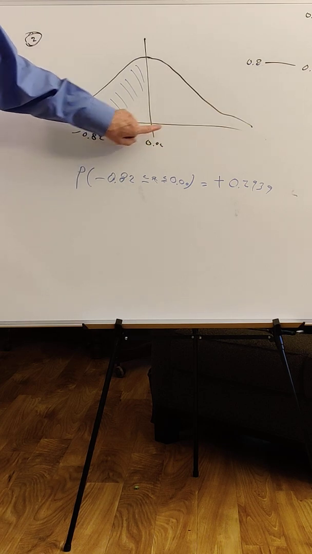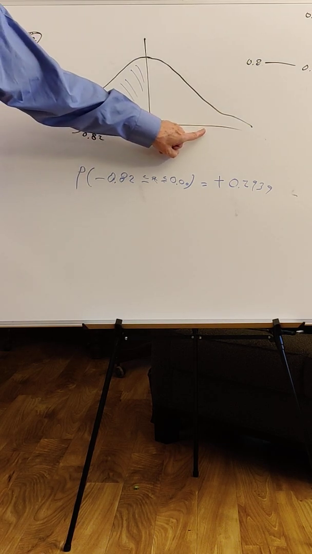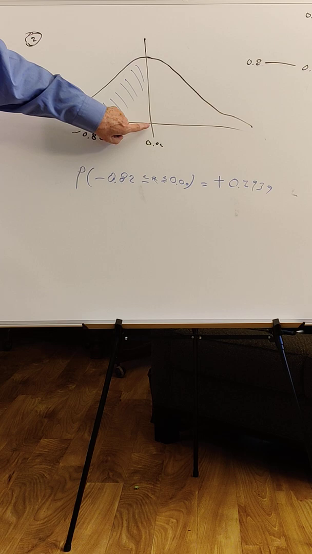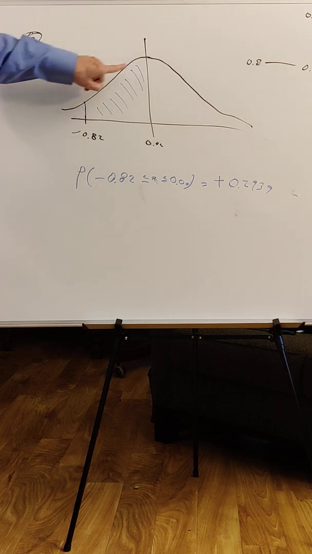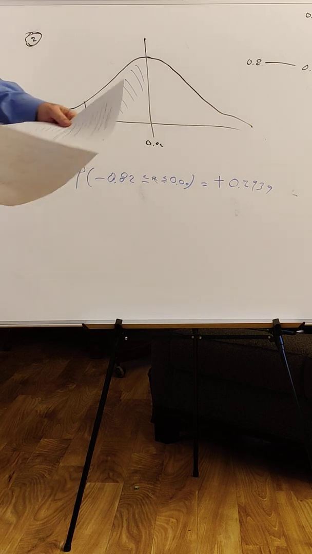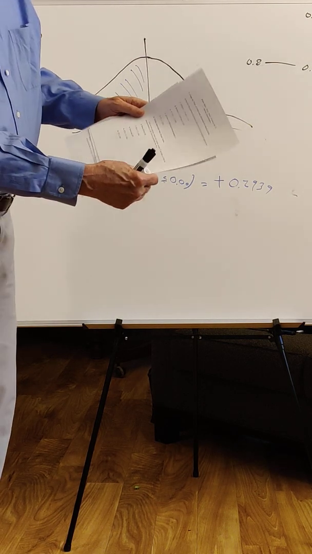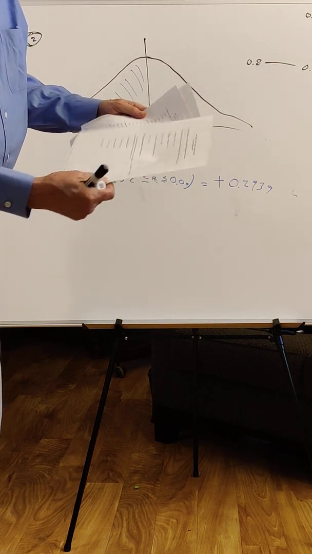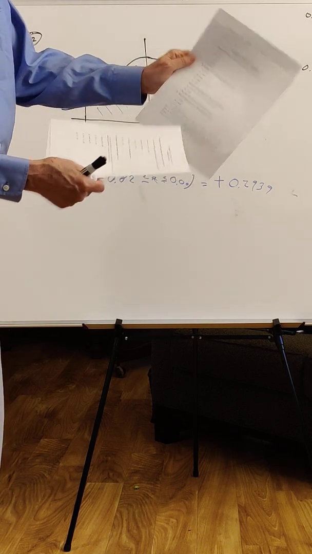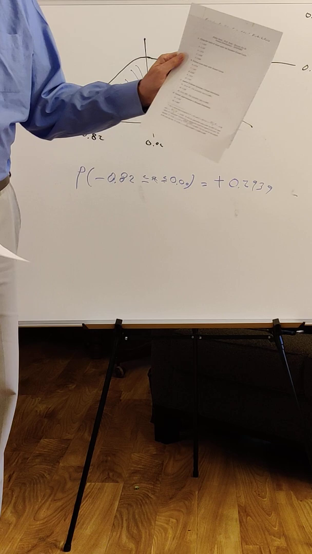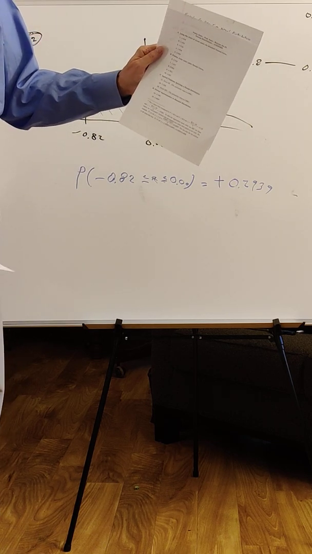So the area from 0 to a given positive number is exactly the same as the area from 0 to the corresponding negative number. You'll notice, by the way, that on your exercise set, you have 15 problems, I believe. The answer to every one of them is a probability value, so it's between 0 and 1.